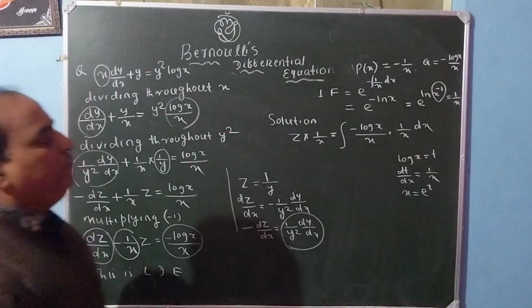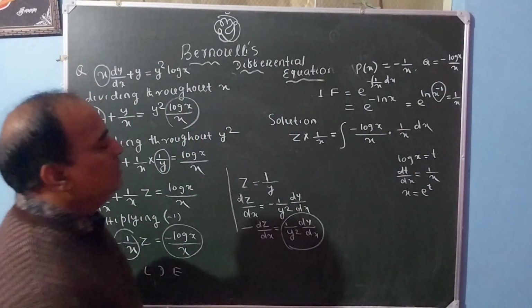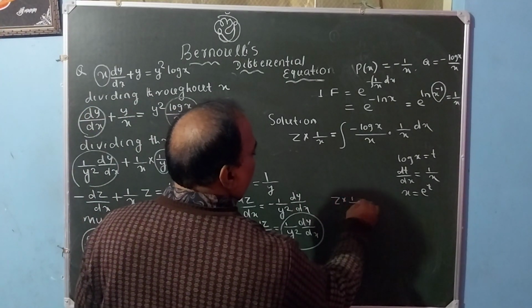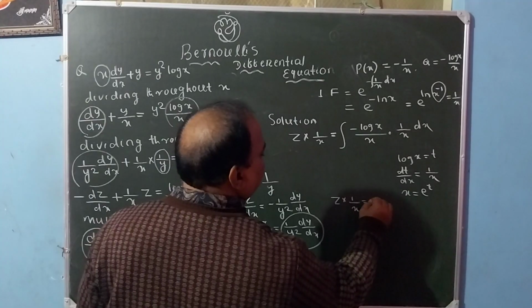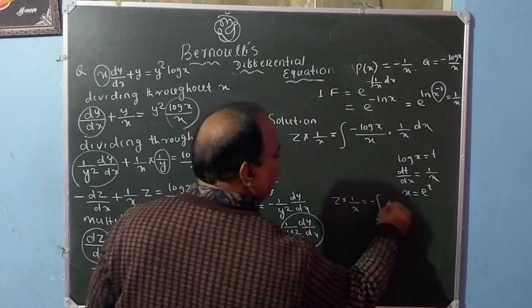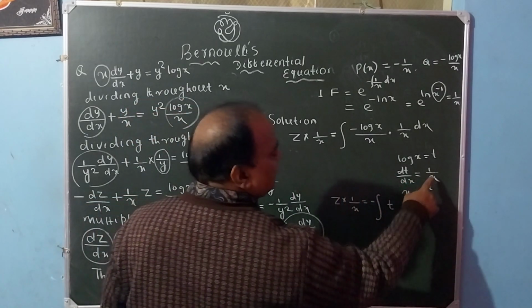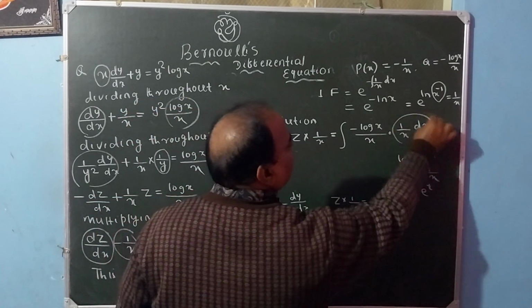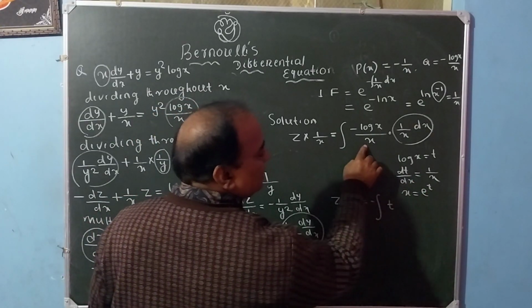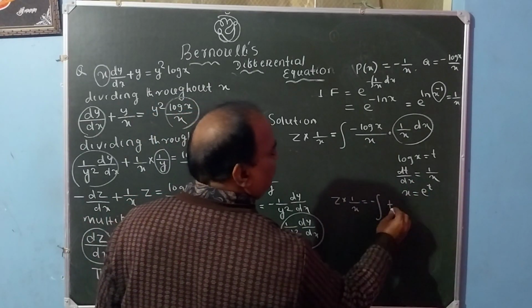So here we get z into 1 by x is equal to minus integral, in place of log x we put t, in place of dx by x we put dt, and in place of x we put e to the power t.